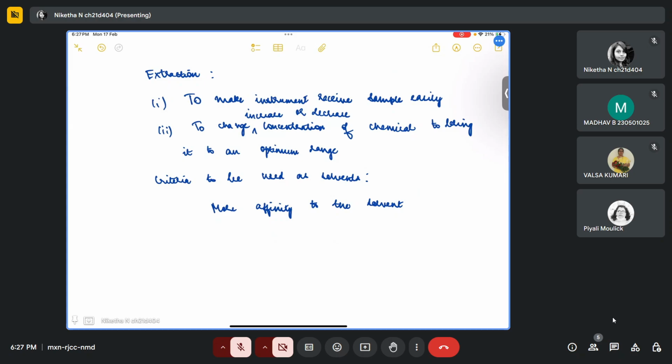So, what do we mean by affinity here? Solubility. Highly soluble in the solvent than in water.